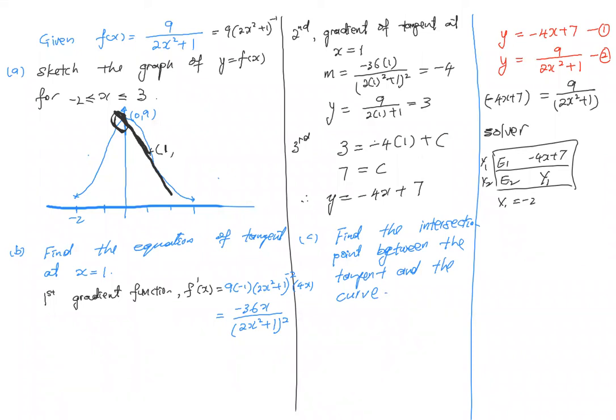So this question is possible to be asked. Anything you solve, if they didn't say exact value or whatsoever, you just use your solver. Then you try your x, you put a negative value.